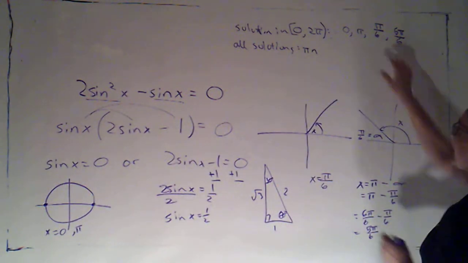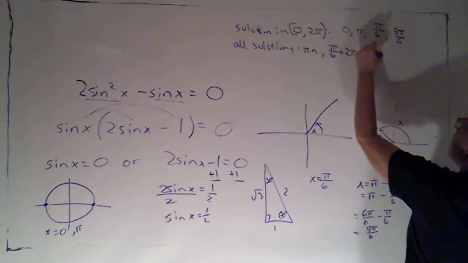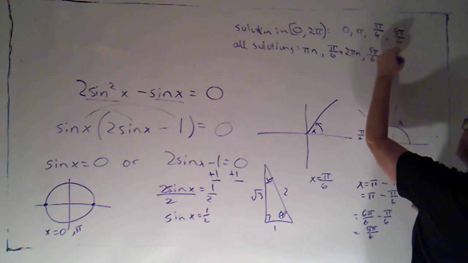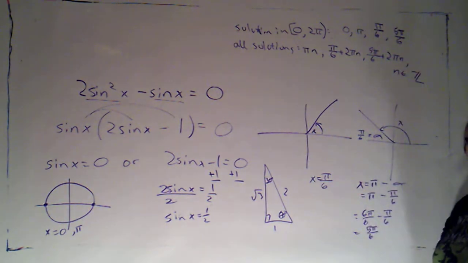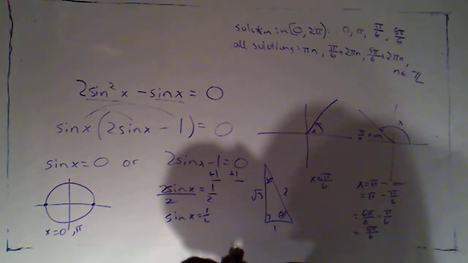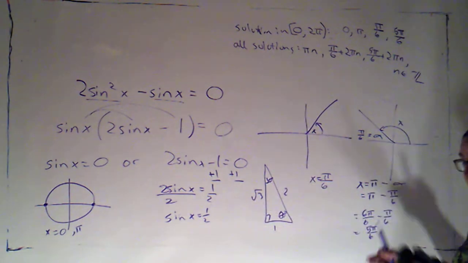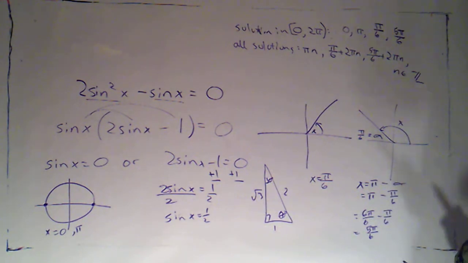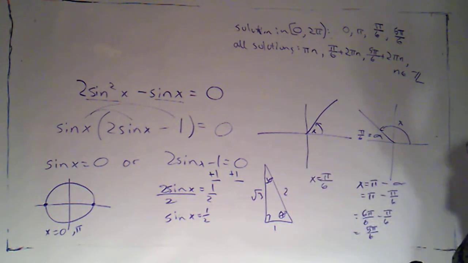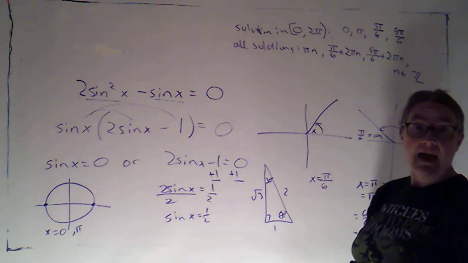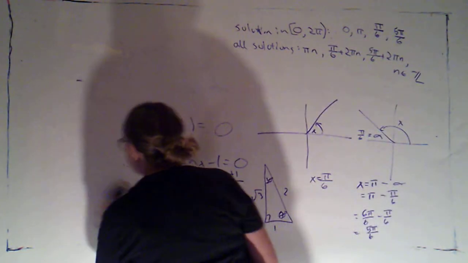These are not pi apart, so I'm going to have to just write pi over 6 plus 2 pi n and 5 pi over 6 plus 2 pi n, where n is an integer. Okay, so that worked out kind of nicely. You'll notice that here we got a nice number, 1/2, that we recognized corresponded to, in this case, a 30-degree angle, or pi over 6. Remember, if we don't get that, we would simply use inverse trig to describe our solutions.